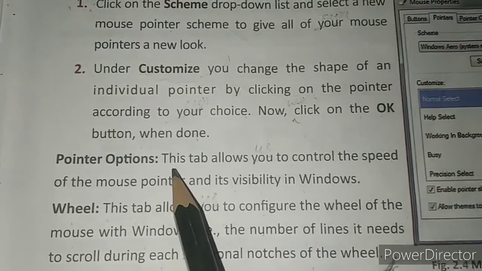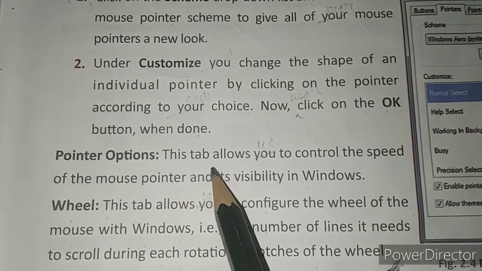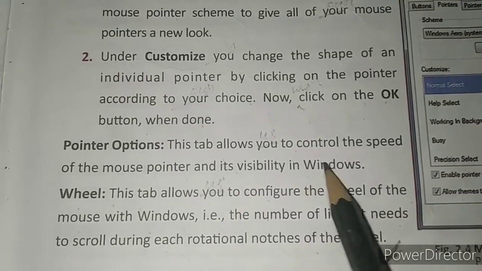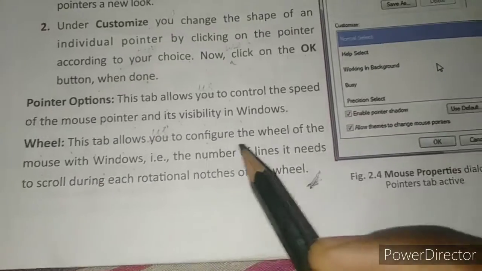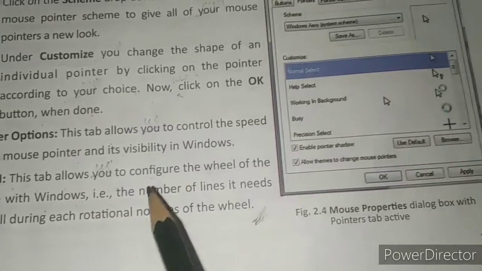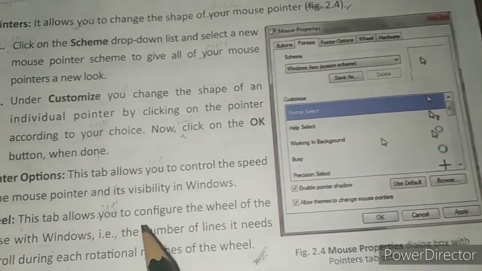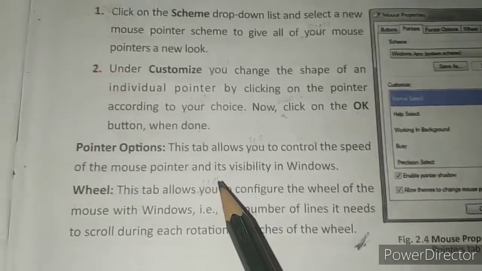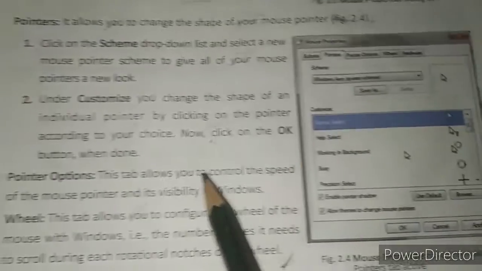This allows us to control the speed of the mouse pointer and its visibility, and we have already discussed the wheel. So using these things we can change the settings of the mouse, right?